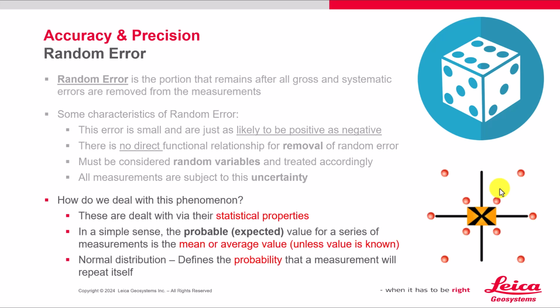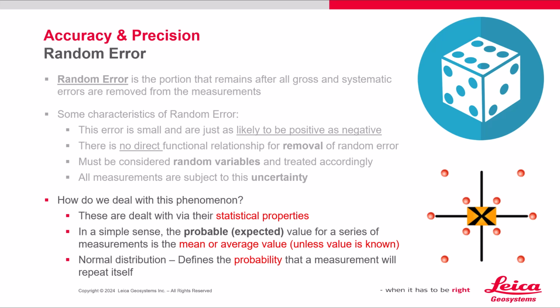So how do we deal with it? Again, statistical properties. For example, we have a lot of random error here, but when you take the average of it, because we did a good procedure, we get the right answer. In a simple sense, the probable or expected value for a series of measurements is the mean, just as we just spoke of.